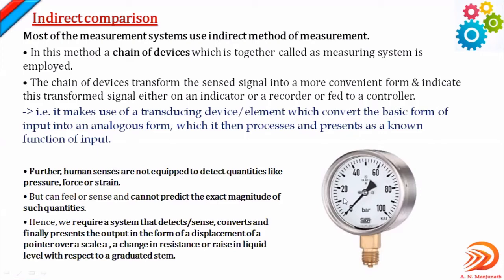If you take this example, the Bourdon tube pressure gauge, it does not require the human senses to detect a quantity like pressure or force, or strain, or to take the reading. It is directly indicated on the dial after magnifying and transducing, it is going to display.